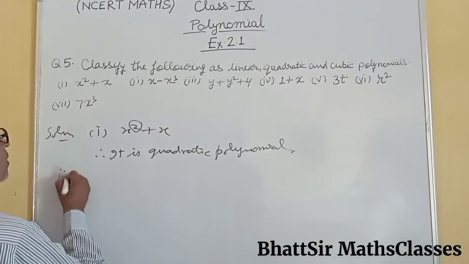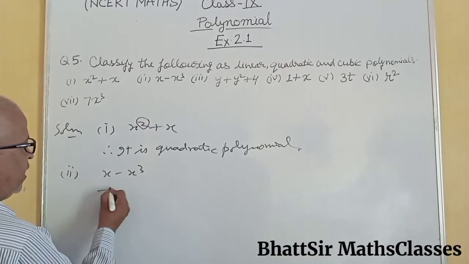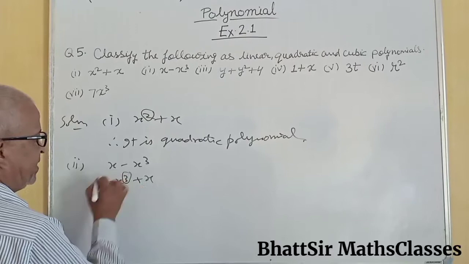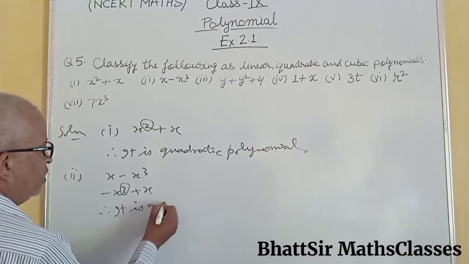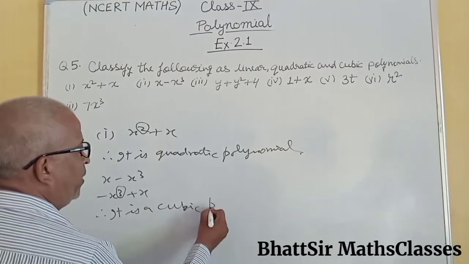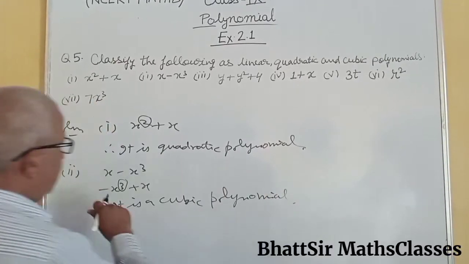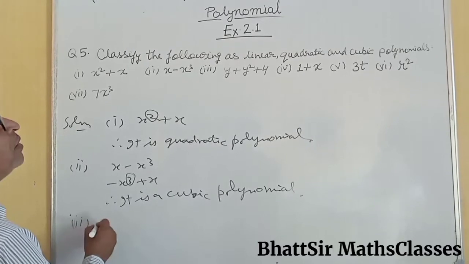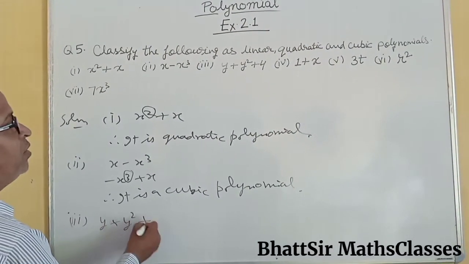Second, x minus x cube. Write in standard form: x cube plus x. So the highest degree is 3. Therefore it is a cubic polynomial. It is also a binomial. Third part, y plus y square plus 4.